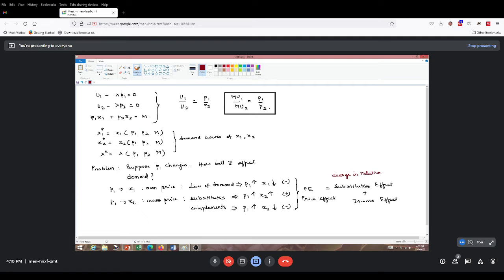One commodity becomes cheaper with respect to others, which leads to substitution between x1 and x2. And the second is that when price increases, your real income changes, and this leads to a change in demand.